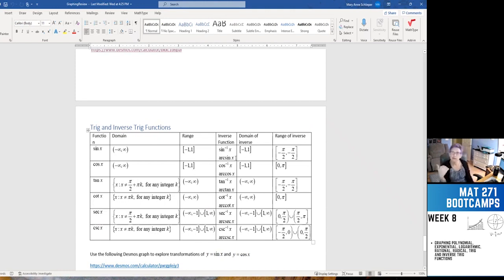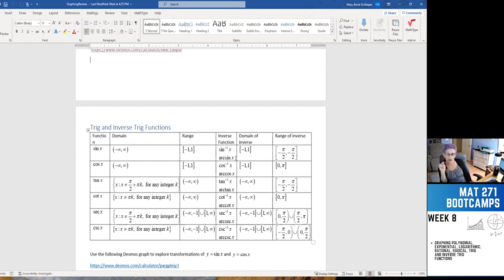For inverse functions, inverse sine and inverse cosine, the domain of the inverse is the range of the original function. So the domain for those two is -1 to 1. But in order to have an inverse, we had to limit the domain.